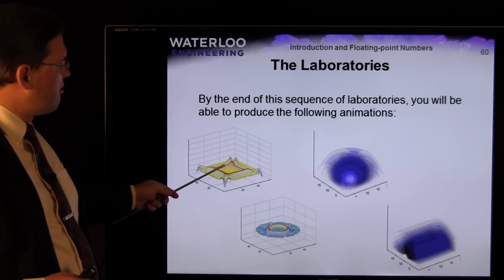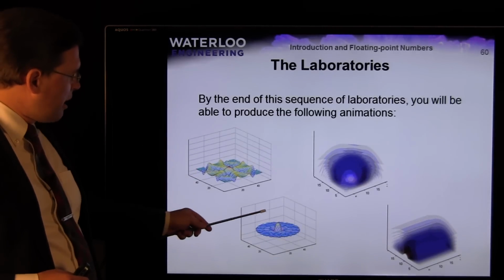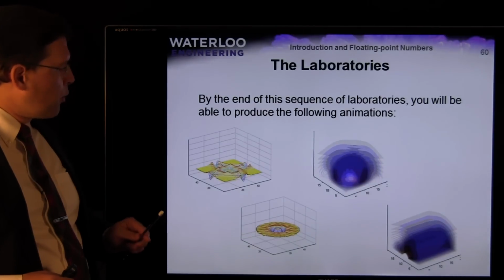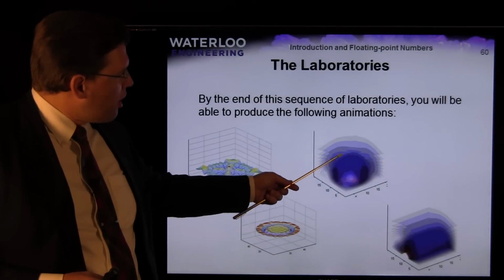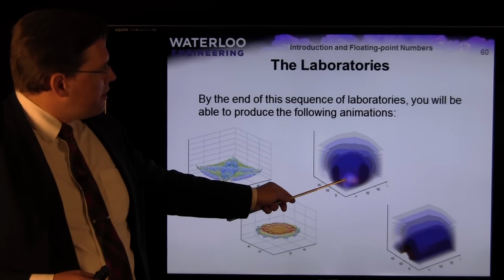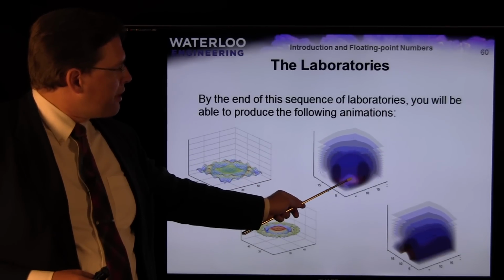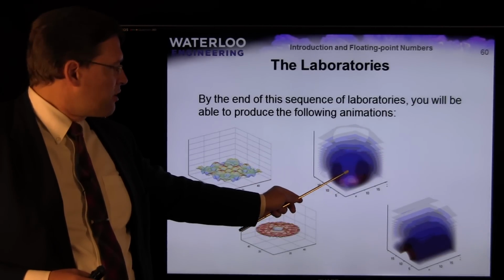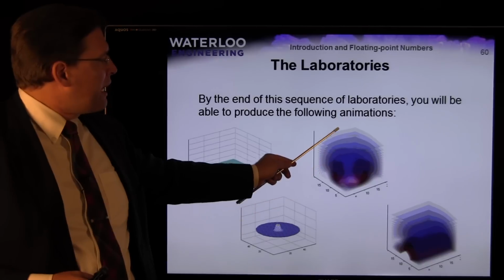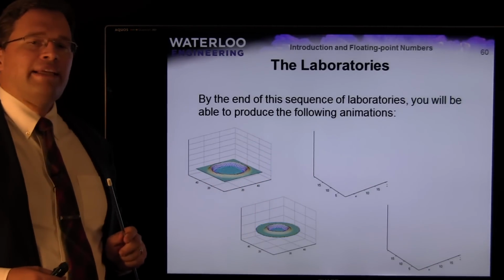So at the end of this course, you will be able to quite trivially create these graphics which show a drop falling into a square cup, a drop falling into a round cup, a drop of water. Here we have a single point heat source that is propagating through an insulated room.